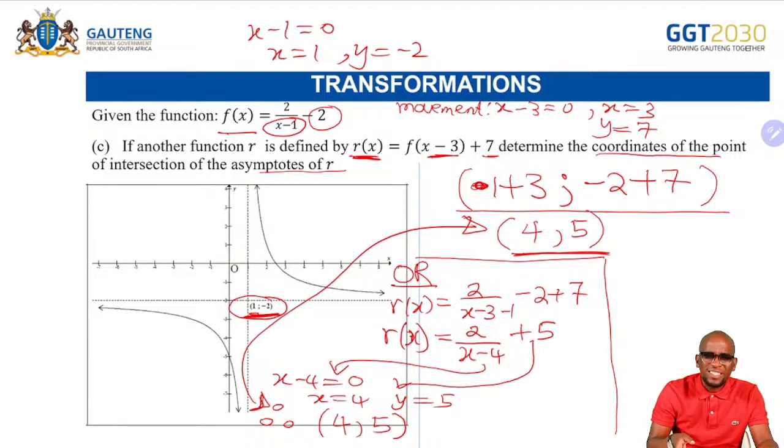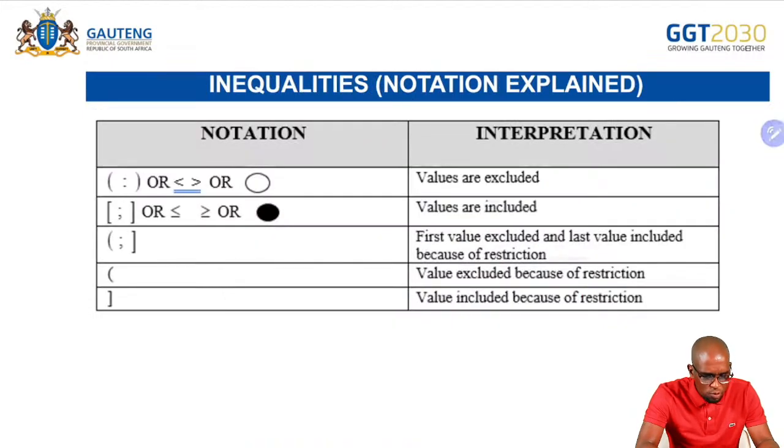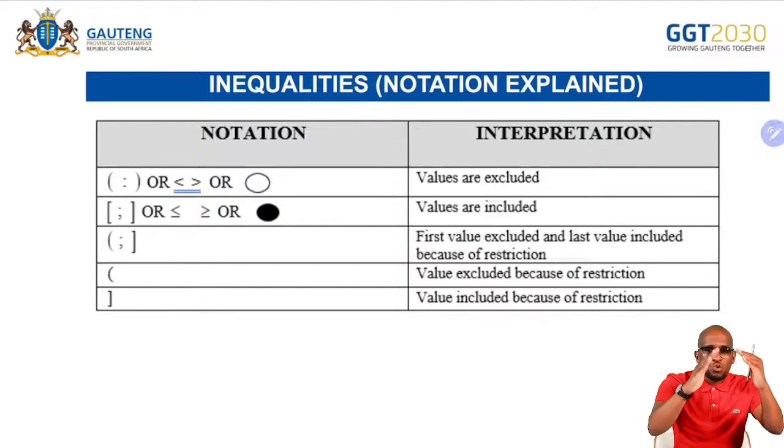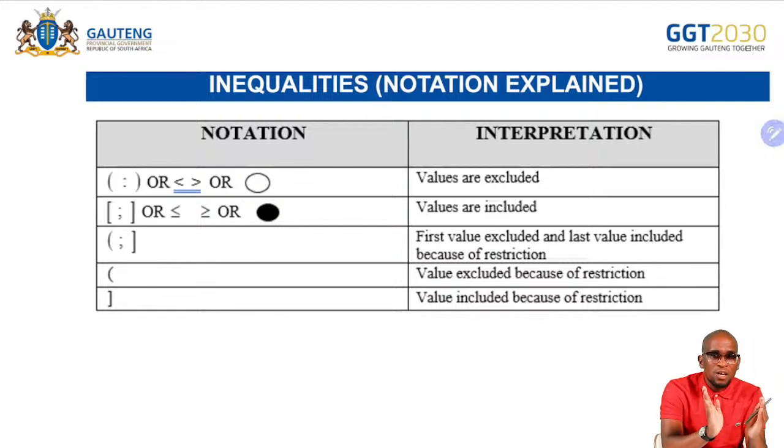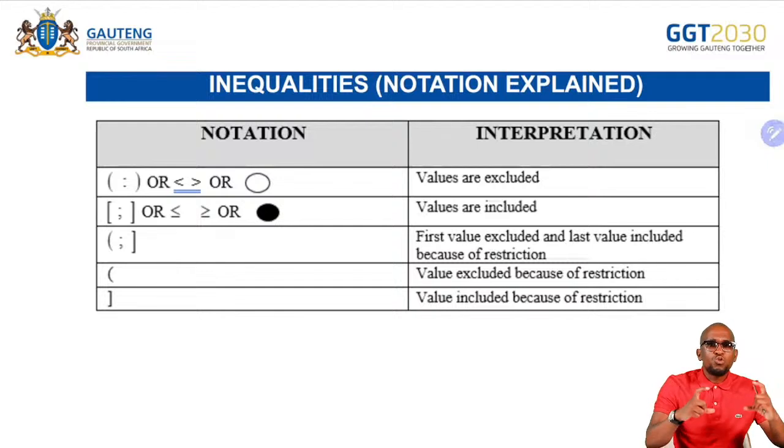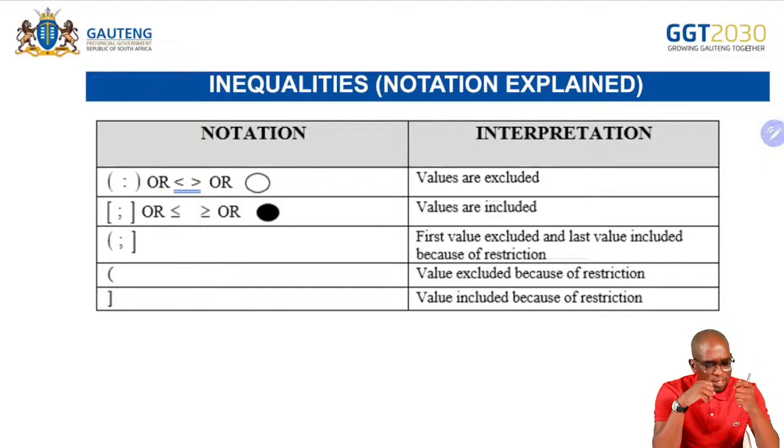Now, let's look at the last part of our lesson for today. We are looking at inequalities now, applying the concept of inequalities, but only using the graphical approach. Now, the first important thing here would be the notation. Remember, we're going to use the round brackets for not included. We're going to use the square brackets for included.